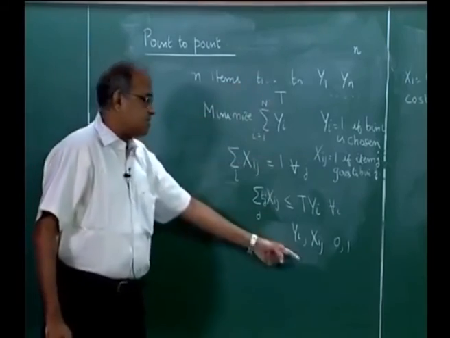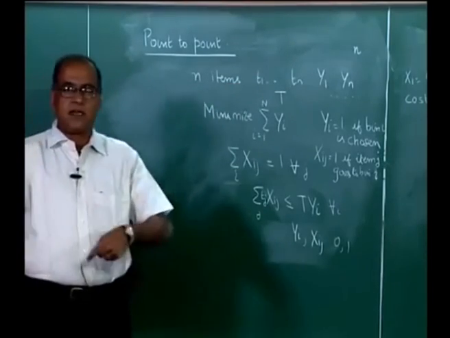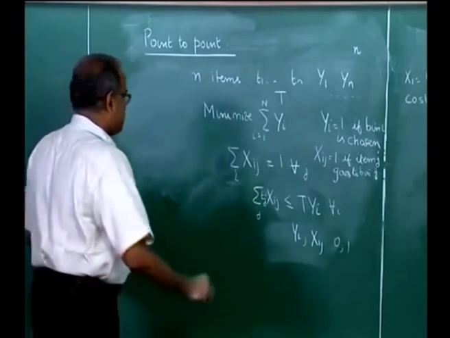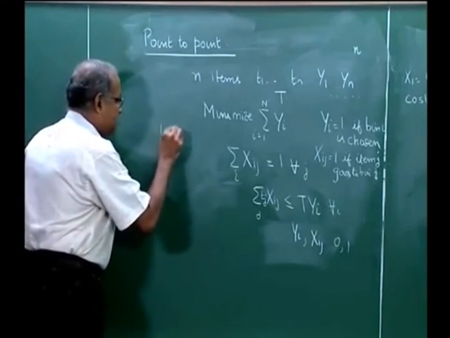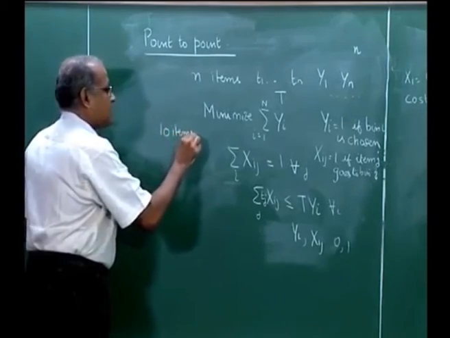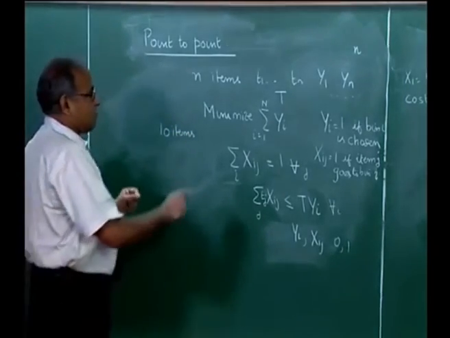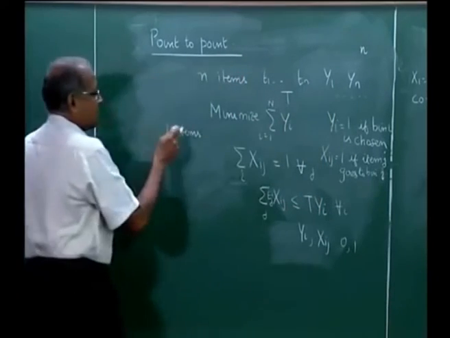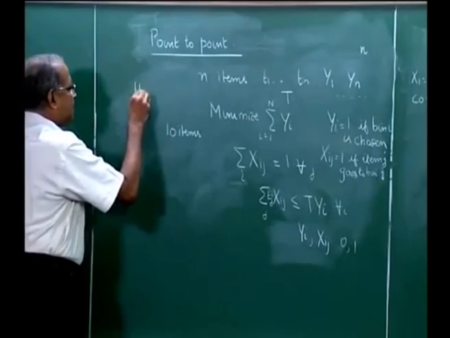Now, one can solve this bin packing problem to get the optimum solution, but the way we have formulated it, for example, if we have 10 items, we are also defining yi. So, y will take 10 values and xij will take 100 values.